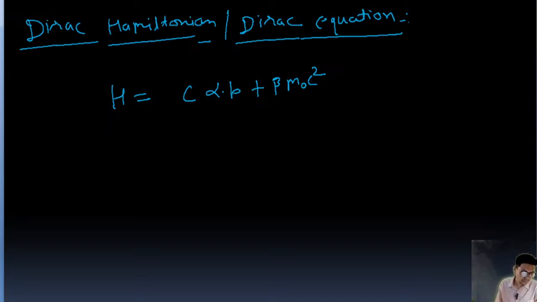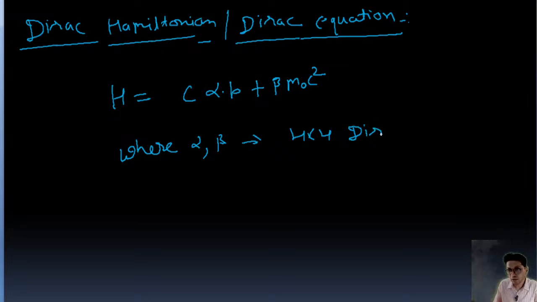Where alpha and beta are 4 cross 4 Dirac matrices.